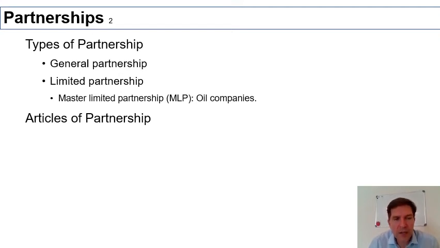Now, the important part in the partnership is that you're going to have to write down the articles of partnership. This is basically a document that establishes who's going to be liable for what, and also who's going to be taking what part of the profits. Okay, and there is a possibility within partnerships to have one of the partners take on all the liability, as if it was a sole proprietorship. That would be under a limited partnership.